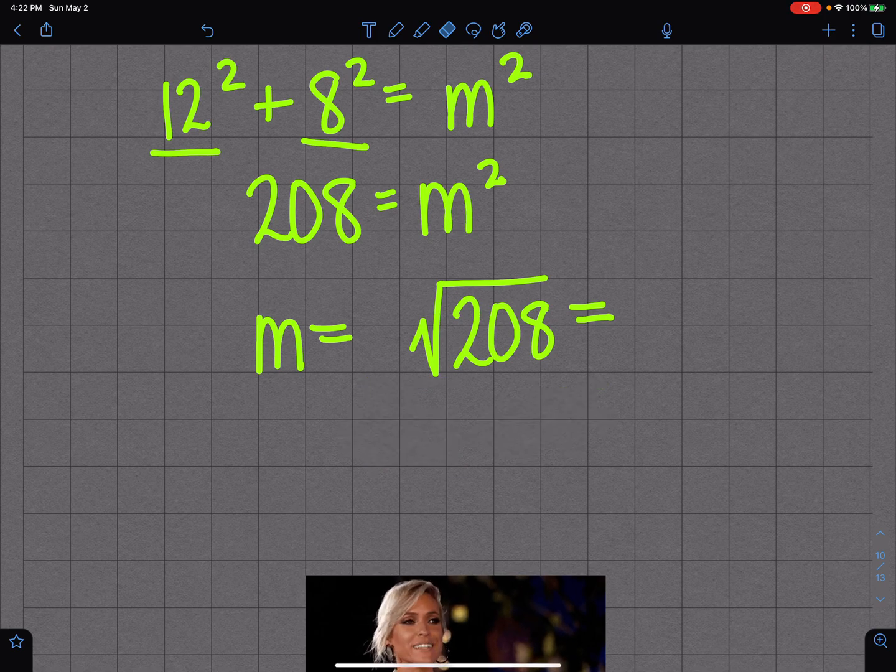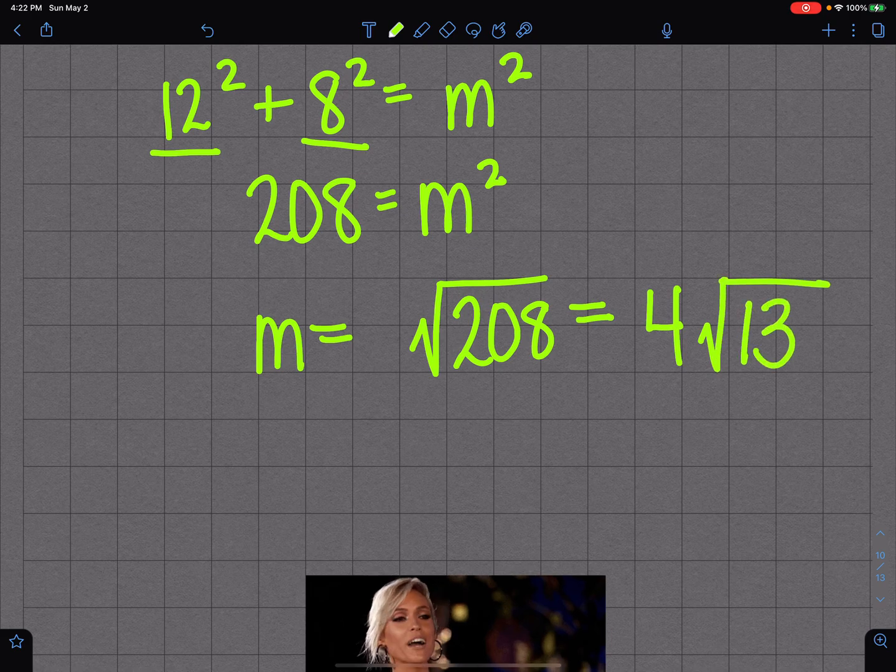It's going to be the square root of two things that multiply together to get 208. It's going to be 64 and 13. No, oh, shoot. Okay, let me simplify it for you. It's going to be 4 square root 13.